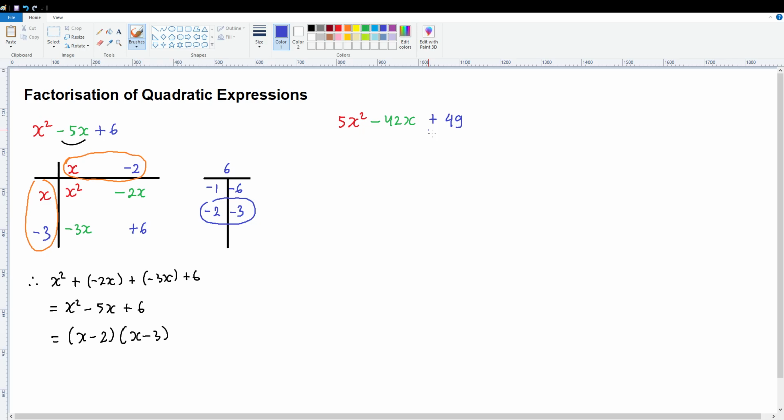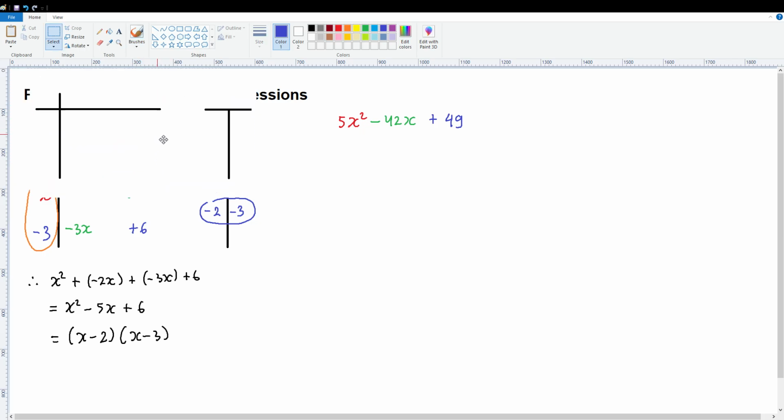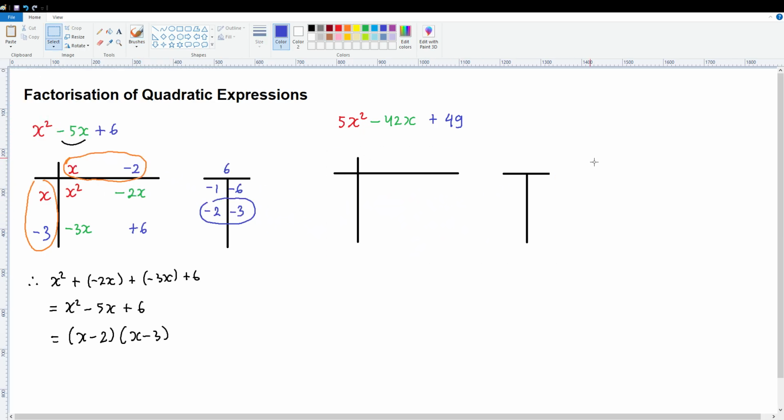First of all, you need to draw two tables like this, and then put the x squared expression and the constant on the main table first. So here we have 5x squared and then positive 49.